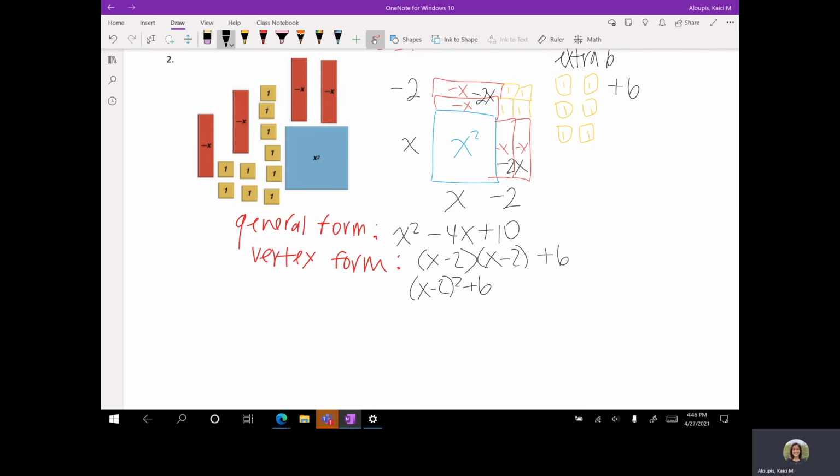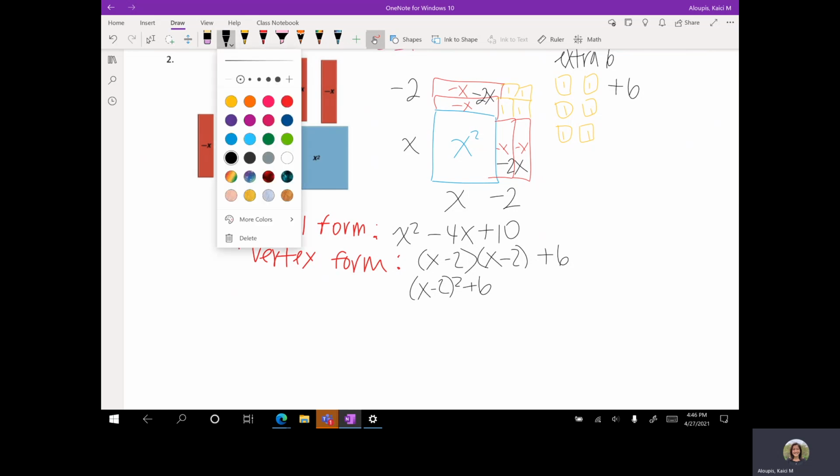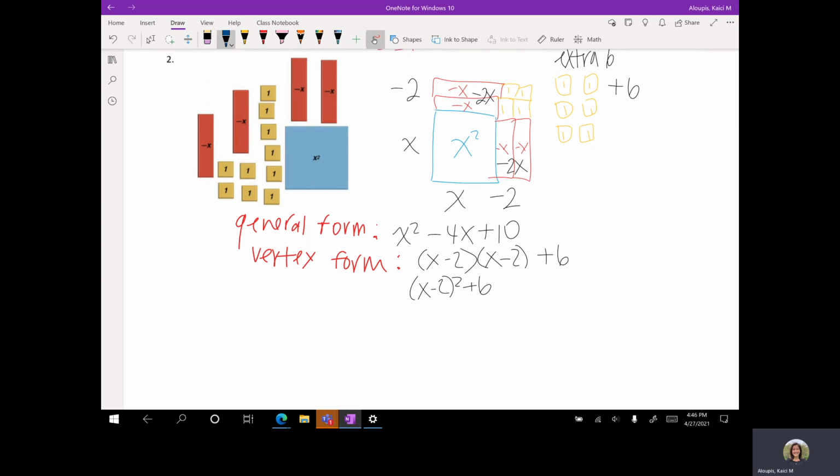Okay, to solve for this one, what we do is we set it equal to 0. We say x minus 2 squared, add 6 is equal to 0. I'm going to subtract 6 from both sides, and I have x minus 2 squared is equal to negative 6.